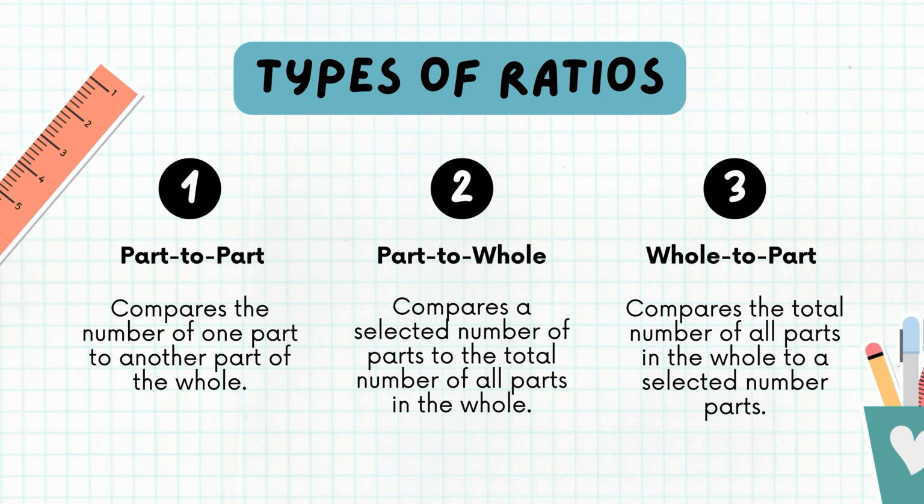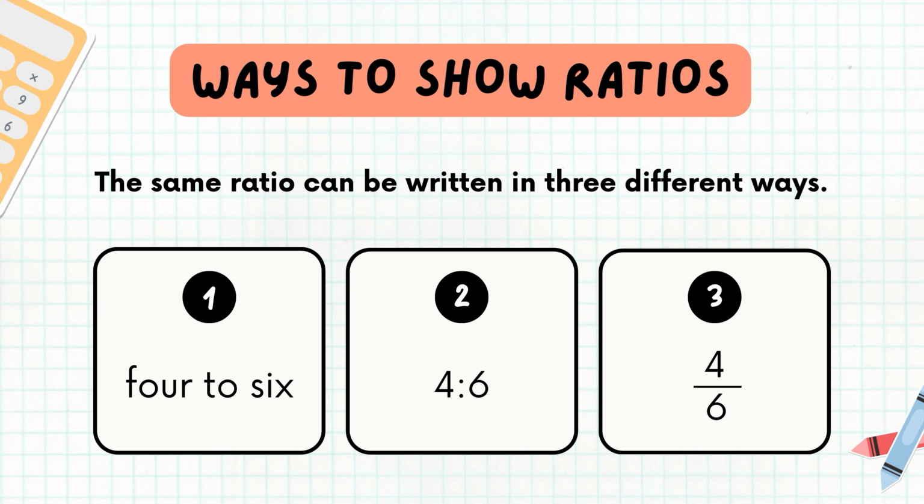Part to whole compares a selected number of parts to the total number of parts of the whole. Whole to part compares the total number of all parts in the whole to a selected number of parts.